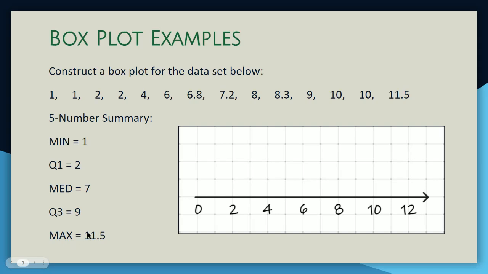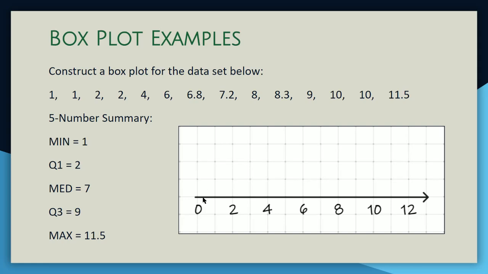The first step for my box plot is I need a number line, and I need the number line to extend from at least the minimum to the maximum. And you can see that my graph starts a little bit below 1 and ends a little bit above 11.5. I find it nice to leave a little bit of wiggle room on the edges of those graphs, but it's not mandatory.